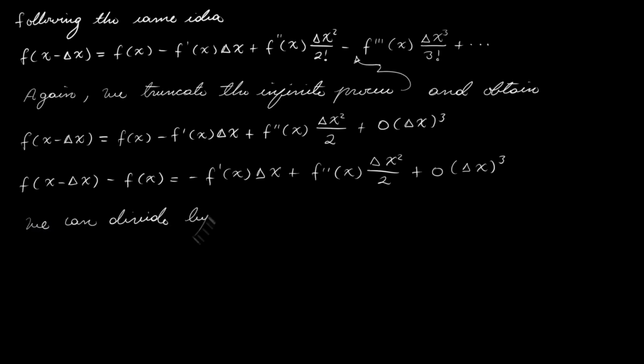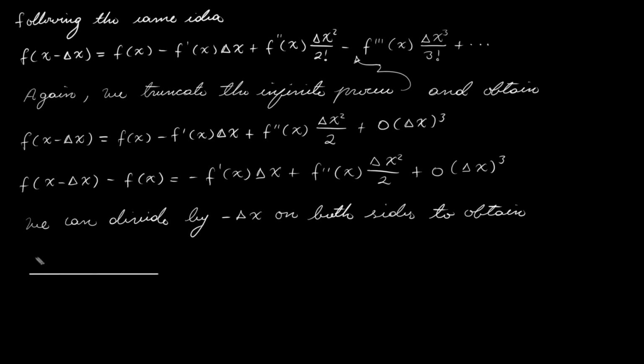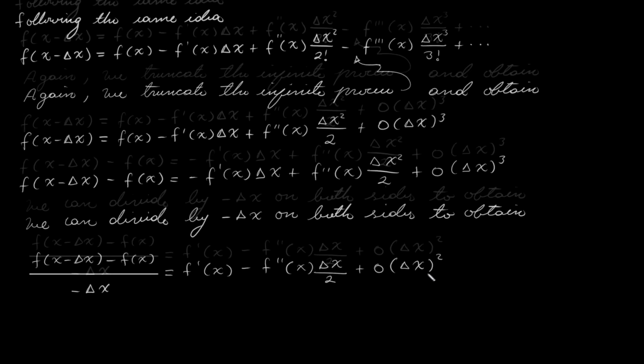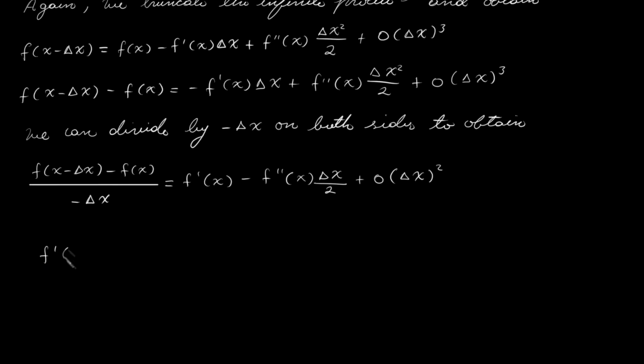The simplification process goes the same as before, but the only difference is that this time we will divide by a negative delta x, such that we obtain the following. We can then solve for f prime just as we did before.